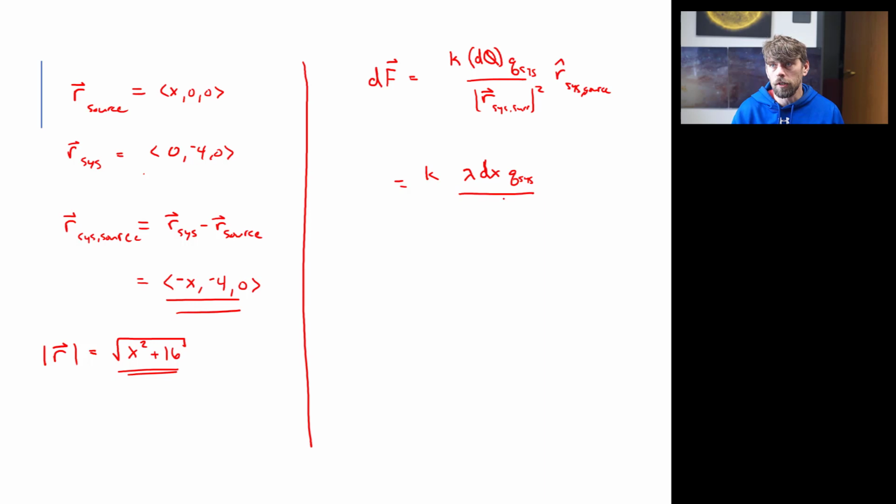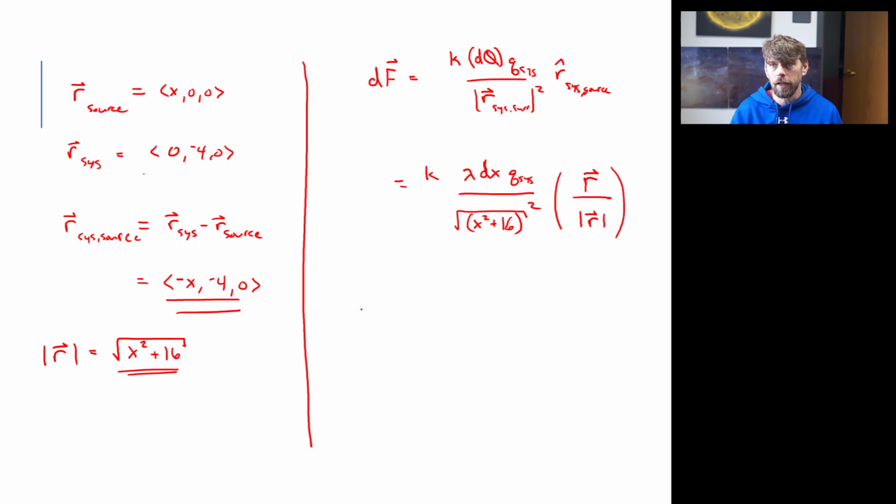So I will go ahead and put x squared plus 16, and then you get a square root and then a squared. And then the unit vector: we remind ourselves, any vector can be turned into a unit vector by dividing by its magnitude. So we could think of this as simply being our relative position vector r, again divided by its magnitude.